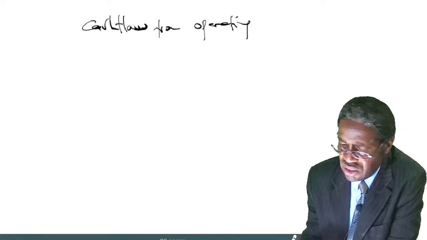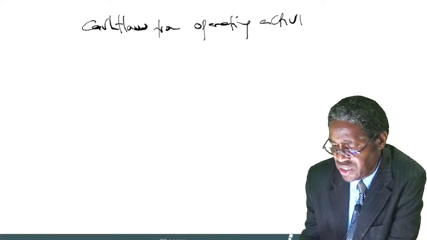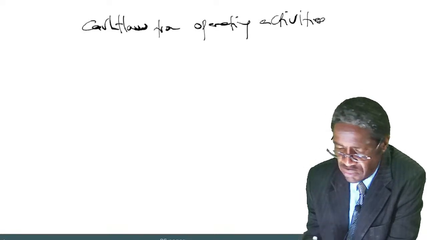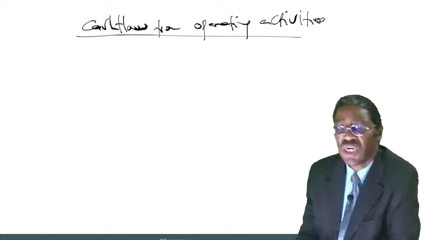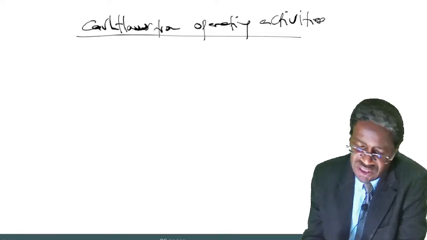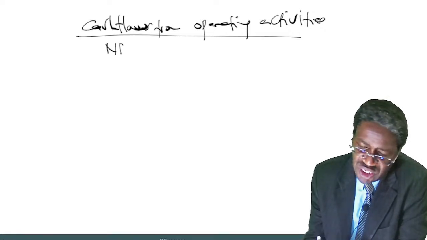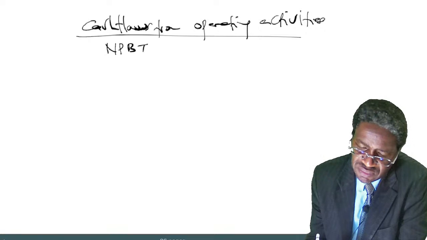So let's put down neatly now. So we come and say your cash flows from operating activities. I told you start with the net profit before tax.